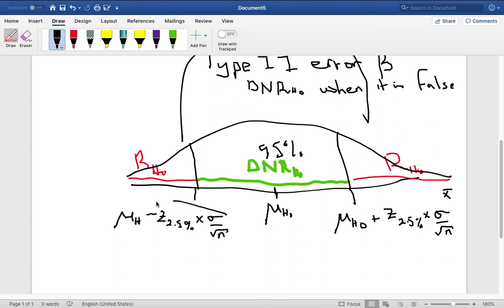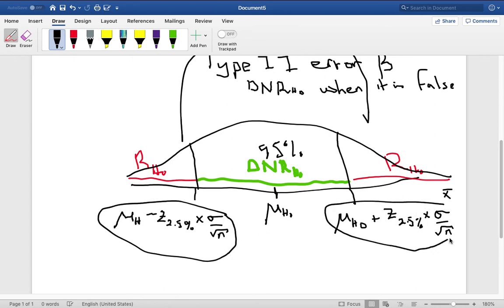So this is how you find the lower critical value and the upper critical value. And these look very similar to the formulas that we use for the confidence intervals.